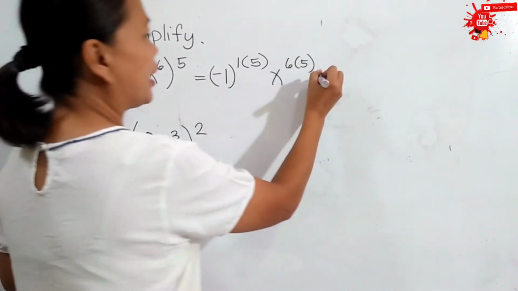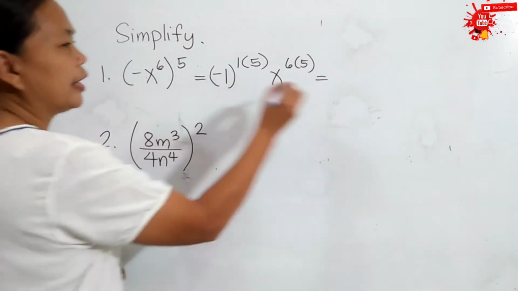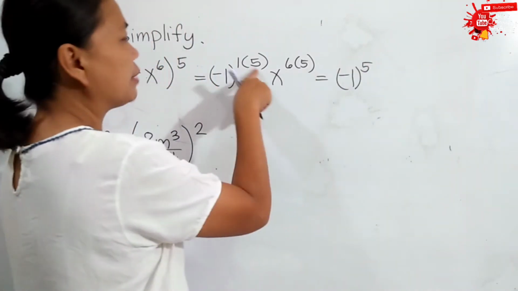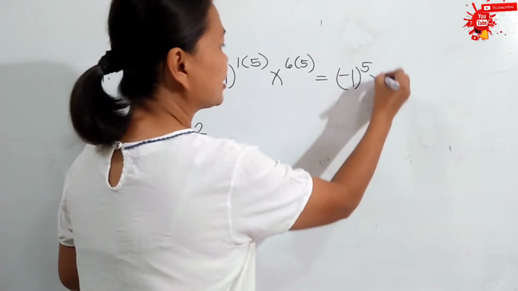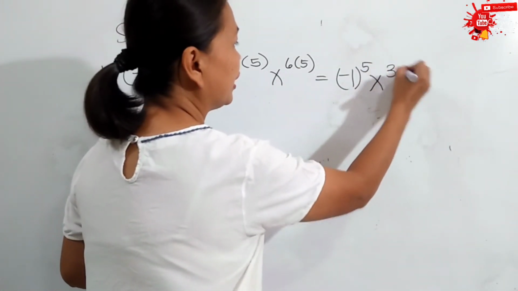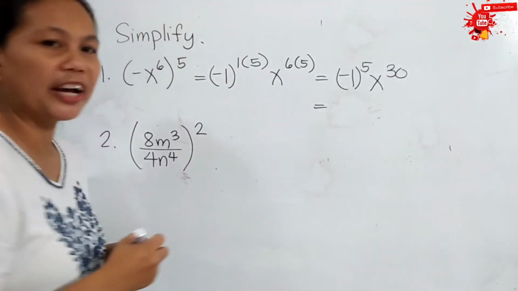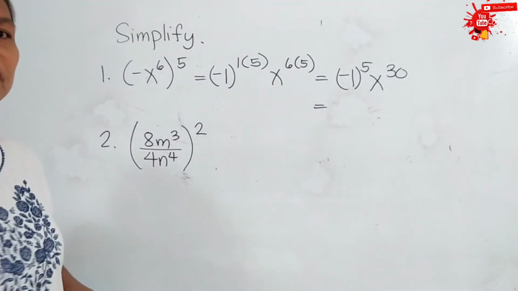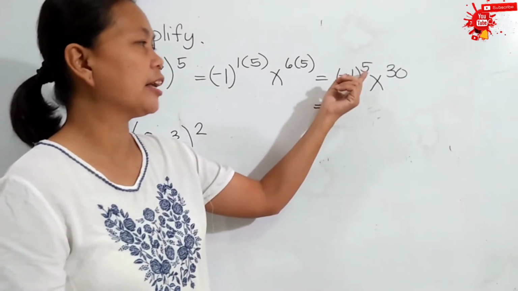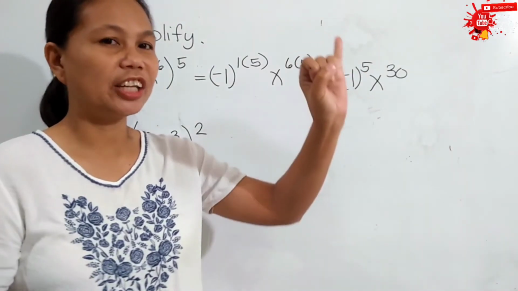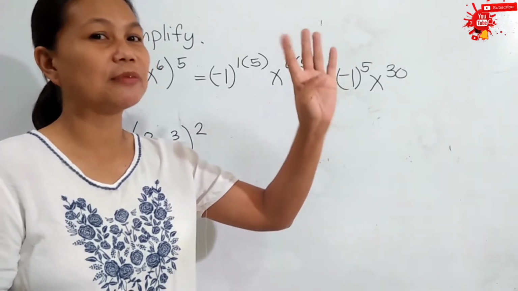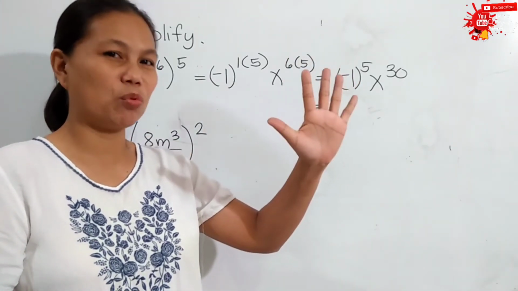Then x raised to 6 times 5. So let us simplify. We have here negative 1 raised to 1 times 5, which is 5. Then x raised to 6 times 5, which is 30. Then let us simplify the numerical coefficient. It means that we will multiply negative 1 five times to itself. So negative 1 times negative 1 times negative 1 times negative 1 times negative 1.